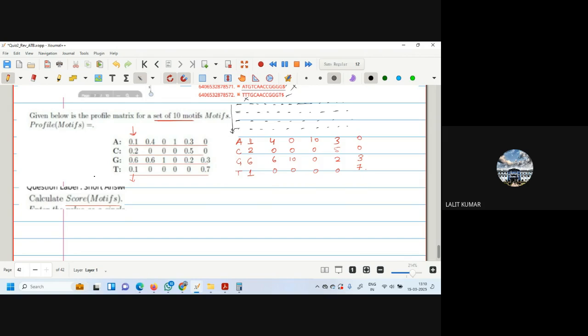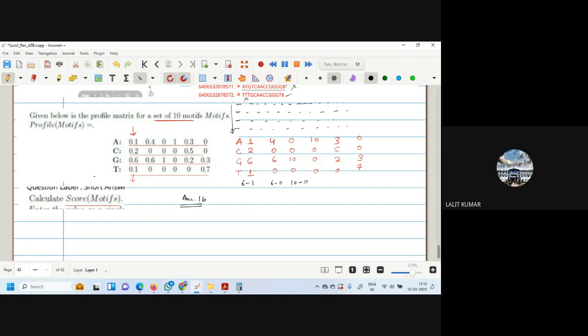We had seen that row wise also we could do. ChatGPT said it will be 6 minus 1, 6 minus 0, 10 minus 0, but it is not matching. I don't know why it is giving 6. Is it taking the count of G, the highest count in each row? No, the answer it is giving is 16.